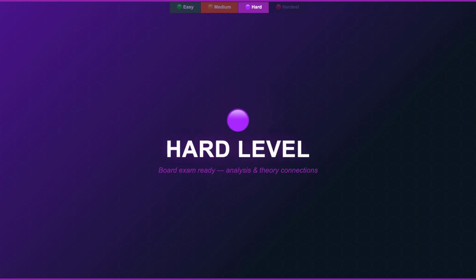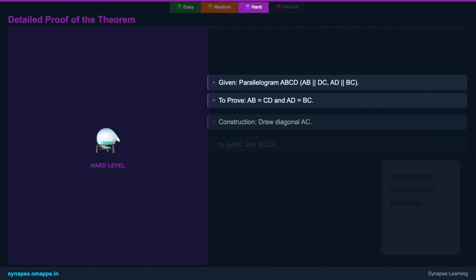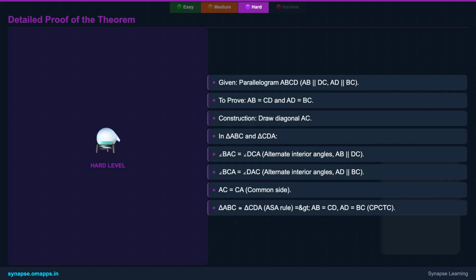Now, let's elevate our understanding. We'll dive into the full proofs and see how this property connects to other parallelogram characteristics. At this level, we'll formalize our understanding with detailed proofs for both the theorem and its converse.